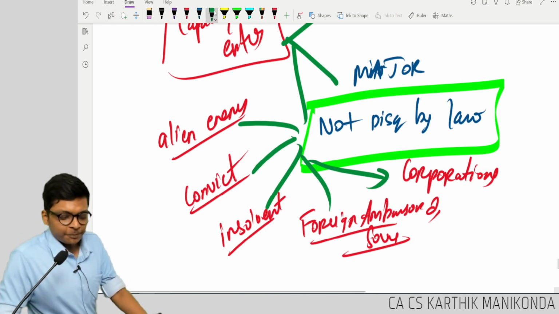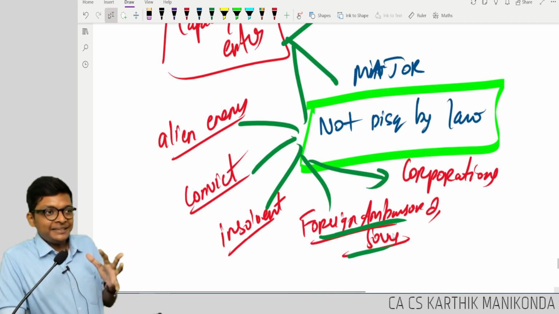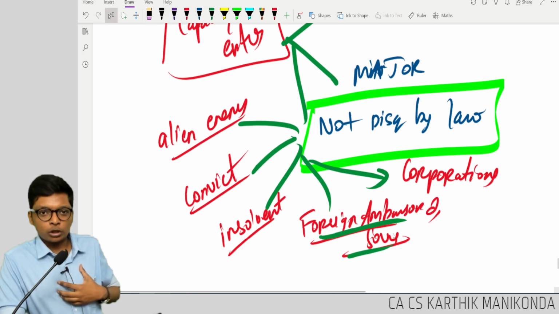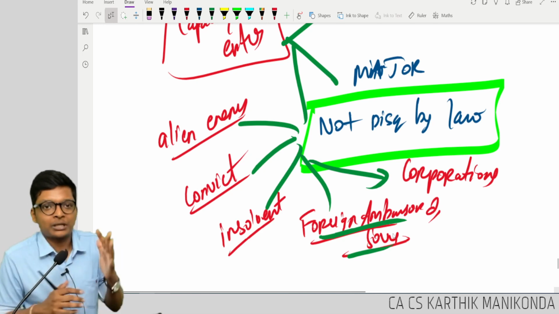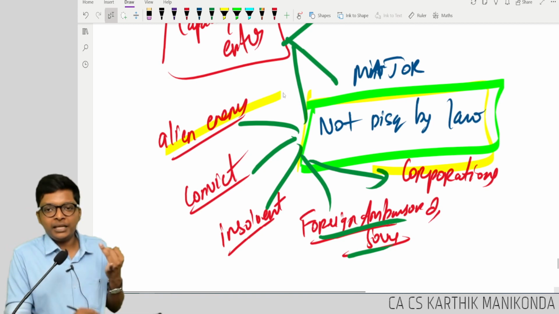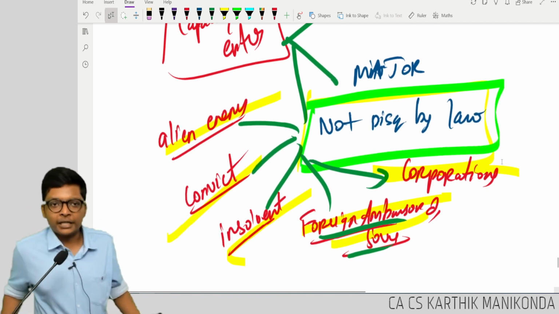Okay, so with these people you can't enter into a contract. Who is a foreign ambassador or sovereign? In the embassy there will be foreign nationals. With them you can't enter into a contract. They are not Indian residents. As an Indian you can't enter. Okay, fine. So, not disqualified by law: alien enemy, convict, insolvent, foreign ambassador, sovereign, corporation, you can't enter into a contract with them.